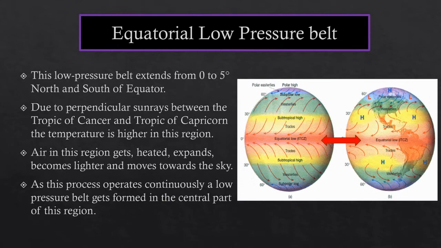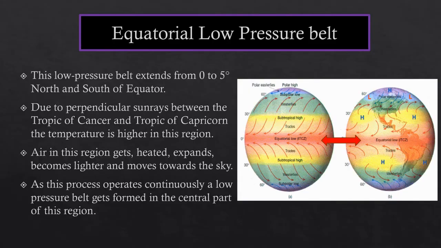Students, let us now discuss the different pressure belts. First is the equatorial low pressure belt. This low pressure belt extends from 0 to 5 degree north and south of the equator. Due to perpendicular rays between the Tropic of Cancer and Tropic of Capricorn, the temperature is higher in this region.